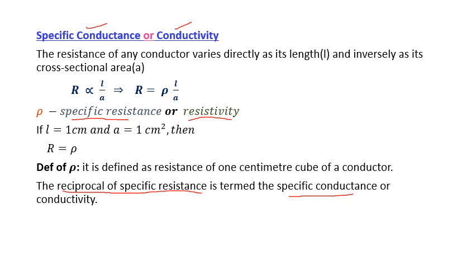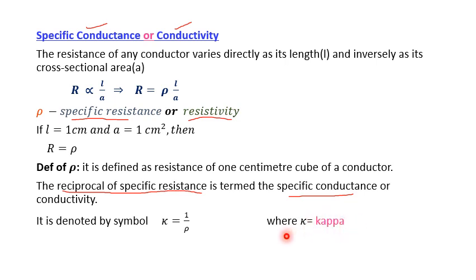Next we will see. It is denoted by the symbol kappa, equal to 1 by rho. Kappa equals 1 by rho. Students, this kappa is not K, but almost similar to K. Generally we call it kappa.